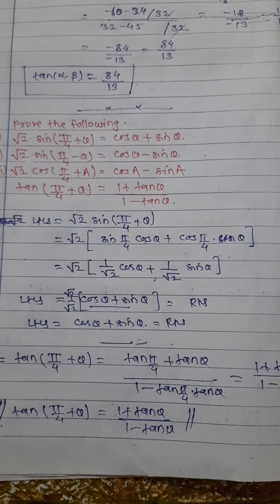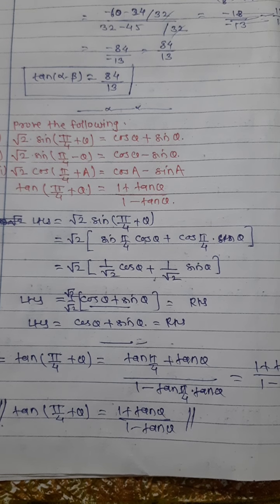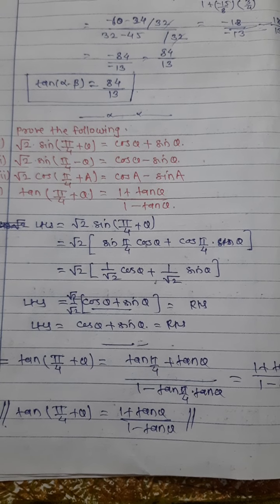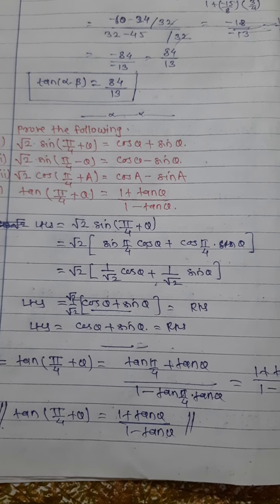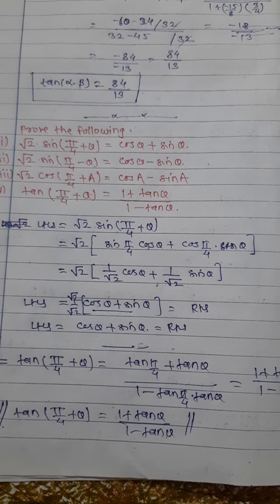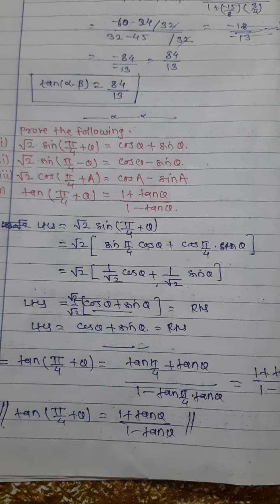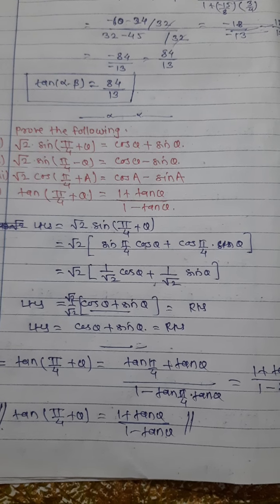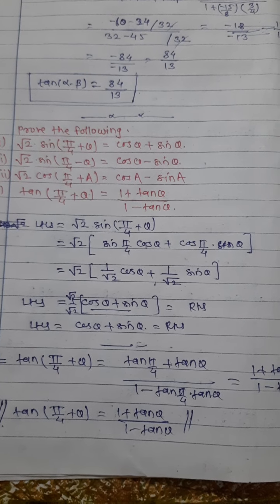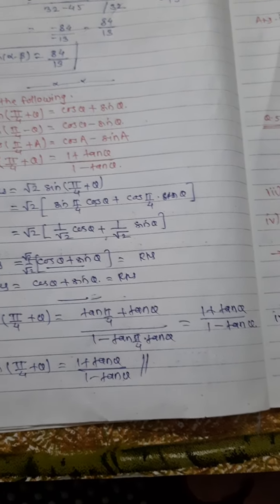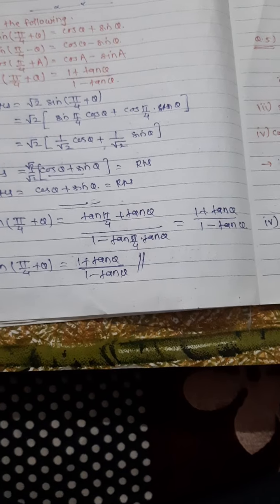So it is equal to under root of 2, multiply inside the bracket: the value of sine pi by 4 is 1 upon root 2 into cos theta, plus the value of cos pi by 4 is 1 upon root 2 into sine theta. Now I will take out 1 upon root 2 common, therefore root 2 gets cancelled, and the remaining part is only cos theta plus sine theta, and that is our RHS. Hence LHS is equal to RHS.